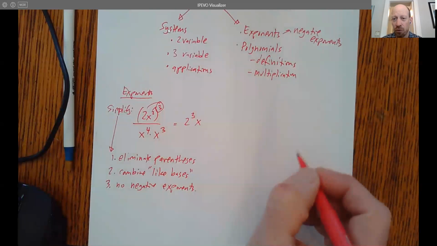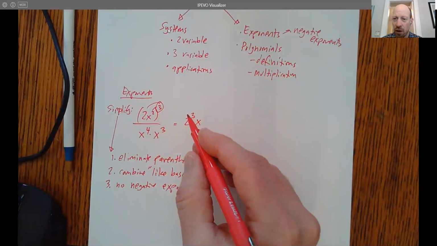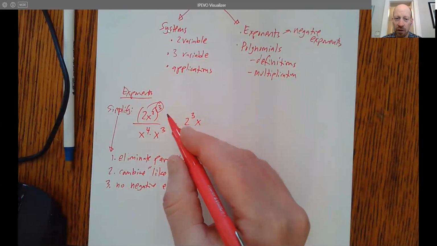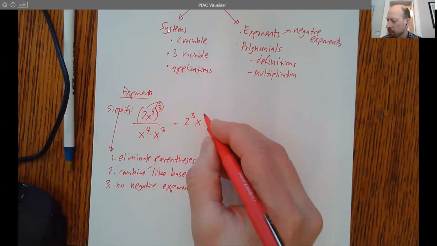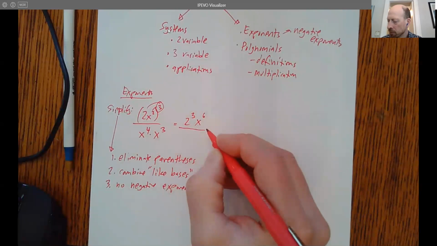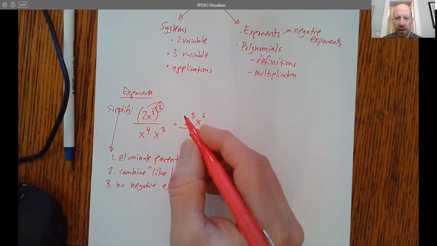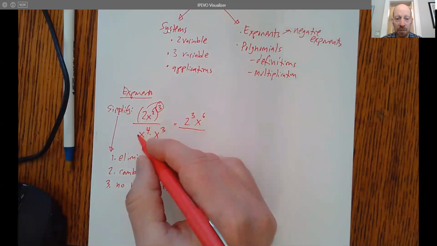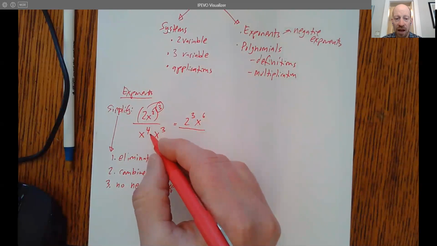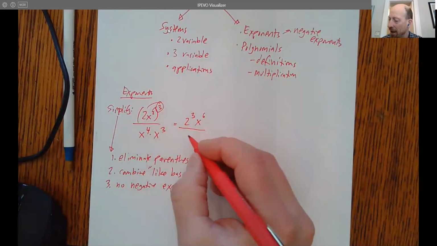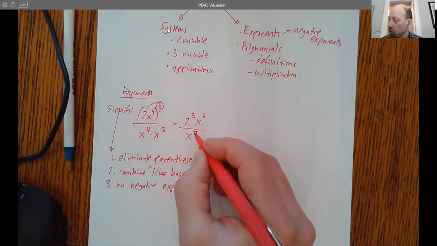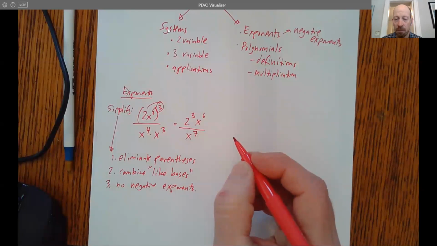I go through a whole list of these rules in one of the videos, but when you have an exponent applied to another exponent, you multiply those together. In the bottom here, I have x to the 4th times x cubed. So when I'm multiplying the like bases together, I add those exponents, which gives me x to the 7th.